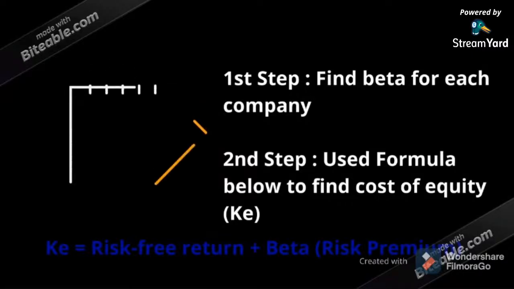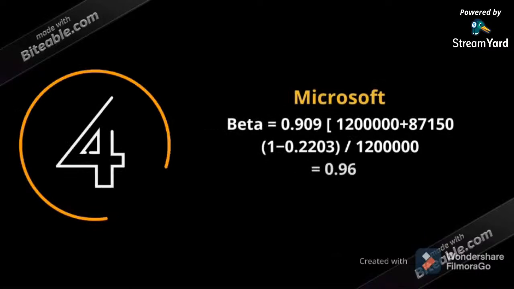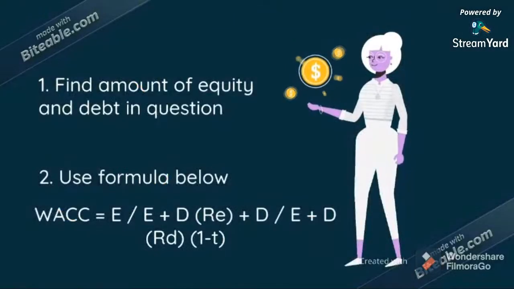I will show you how to calculate the beta and cost of equity value for each company. Microsoft got a beta of 0.9. We are going to calculate it using the formula as shown in the question. E is the market value of equity. D is the market value of debt.